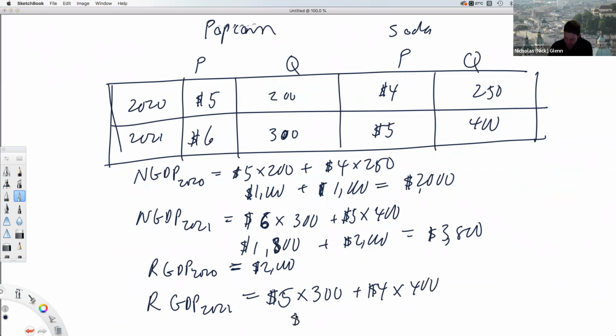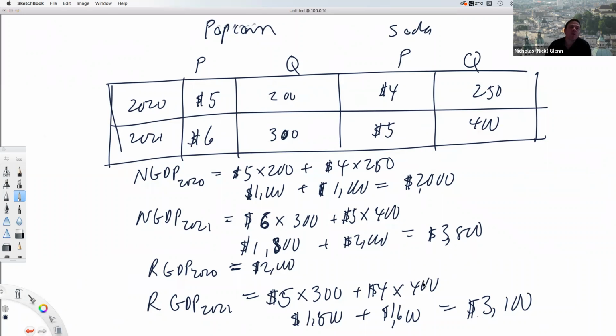Okay, so this will be 1,500 plus 1,600 for a grand total of $3,100. As you can see, there's a difference between the real GDP in 2021 and nominal GDP: 3,800 for nominal, 3,100 for real GDP.